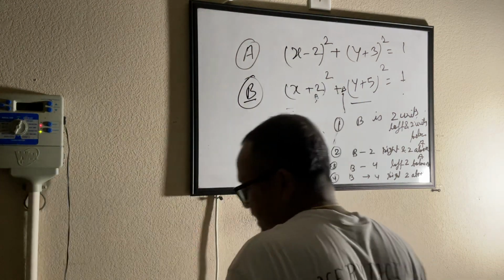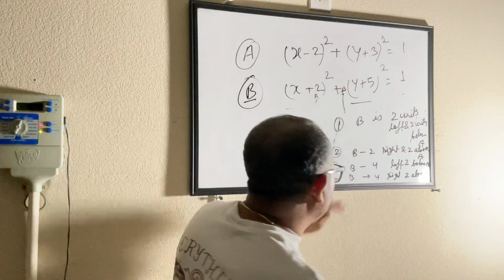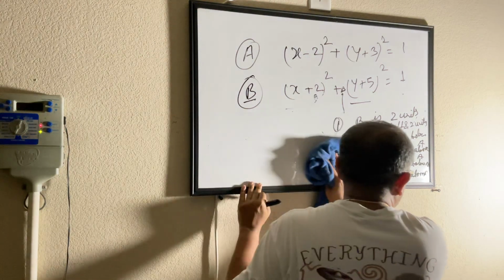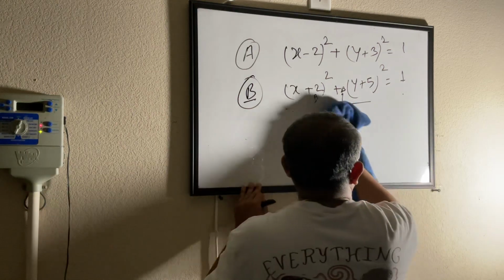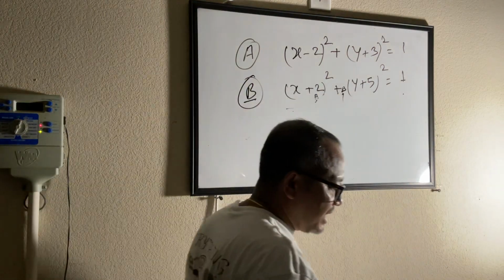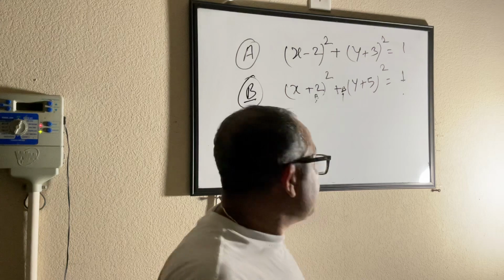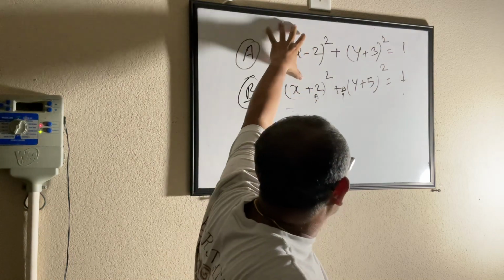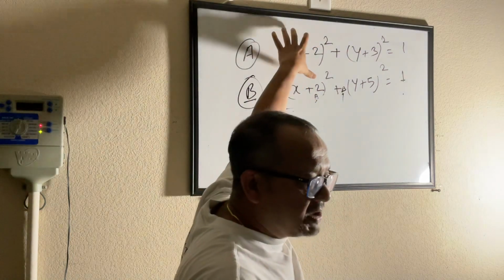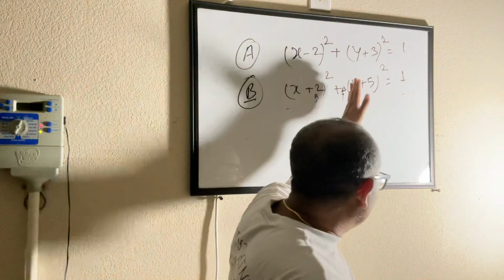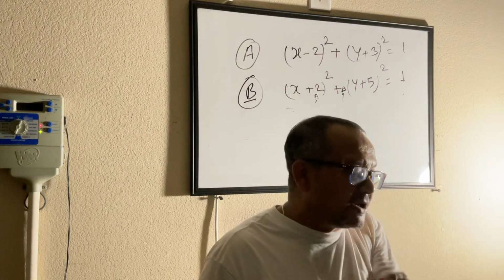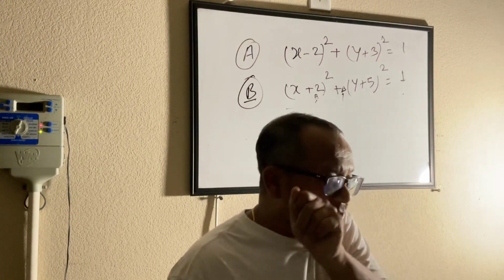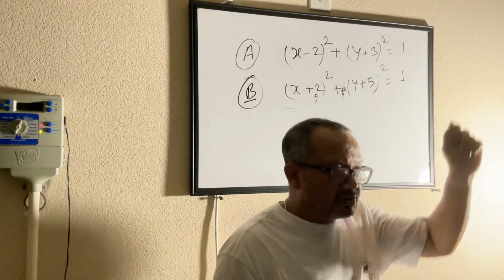See, now let's forget about these four options. Let's forget about this one because you guys know which one is what. Here when I look at this circle and this circle, these are two circle equations. When we looked at the options, it says circle B is this many units to the left, this many units above, this many units to the right, this many units below.